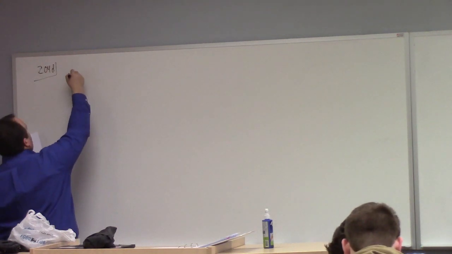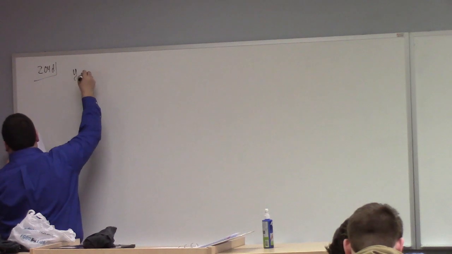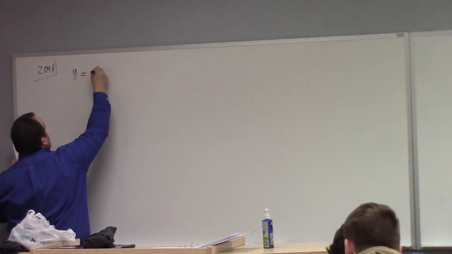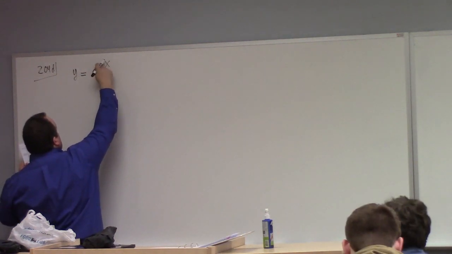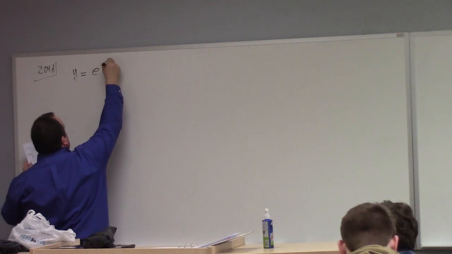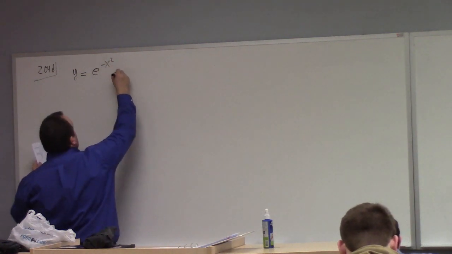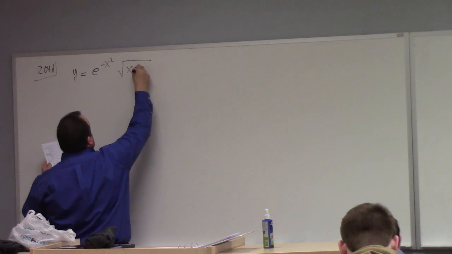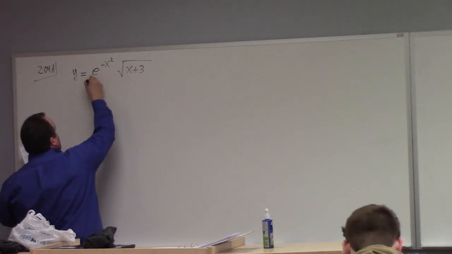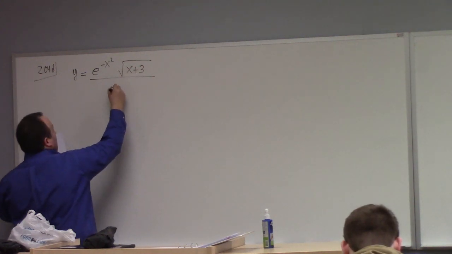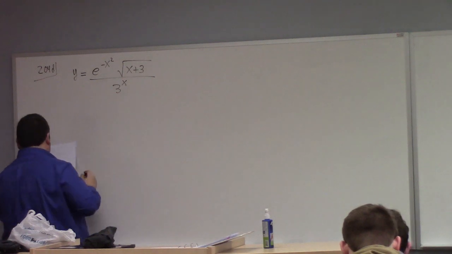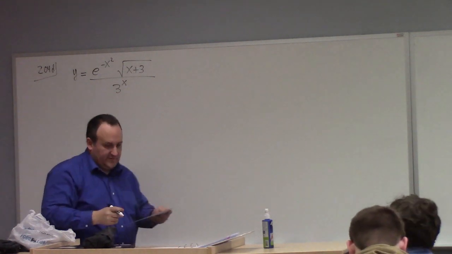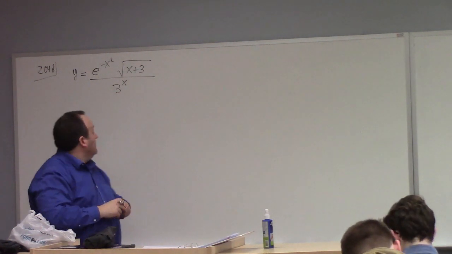So here we have y equals e to the minus x squared, the square root of x plus 3, divided by 3 to the power x. And we're supposed to differentiate this using logarithmic differentiation, all right?